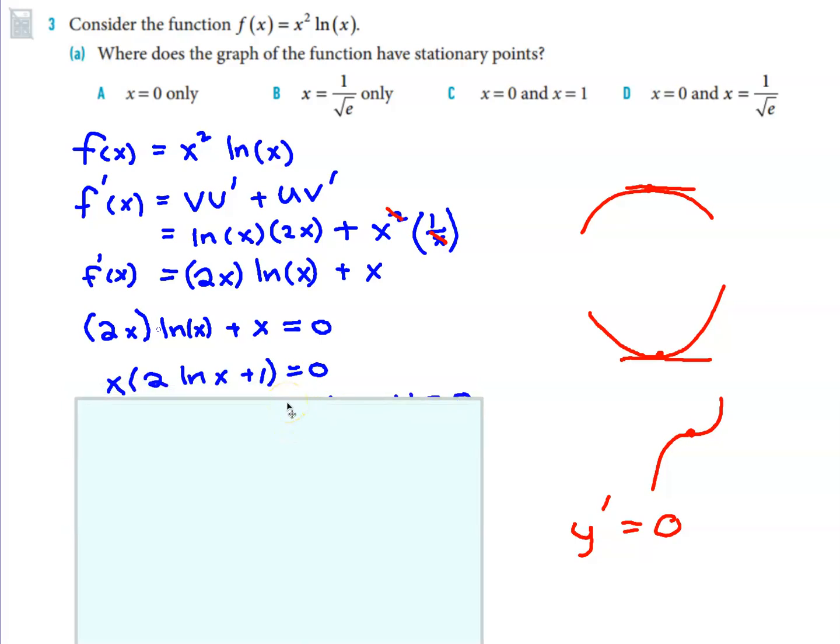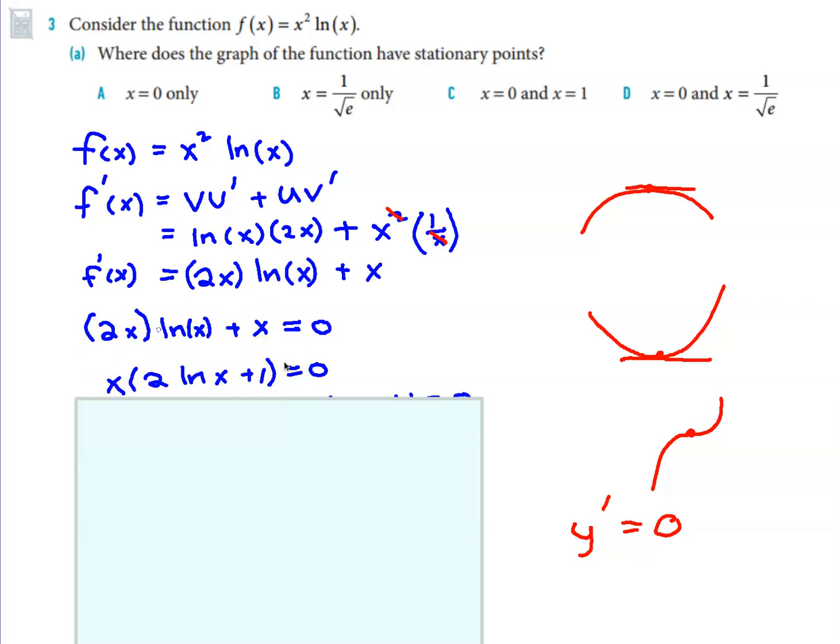Okay, now the secret here, because we basically want to solve it for x, if you've got an x in two different terms, added or subtracted, the trick is take out a common factor. So get all your x's together on the same side of the equation, which I have, and take out the common factor of x. So I've taken that factor out and that factor out, leaving 2 times natural log of x in brackets, and x times 1 gives x, so a 1 in brackets.